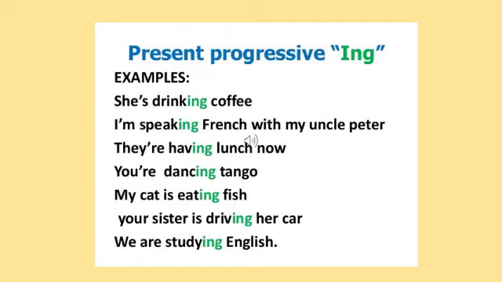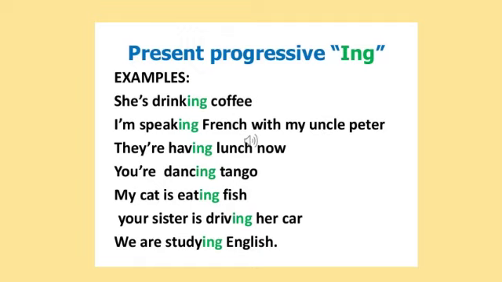Have a look at these examples. She is drinking coffee. I am speaking French with my uncle Peter. They are having lunch now. You are dancing tango. My cat is eating fish.